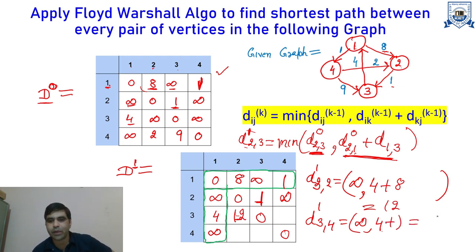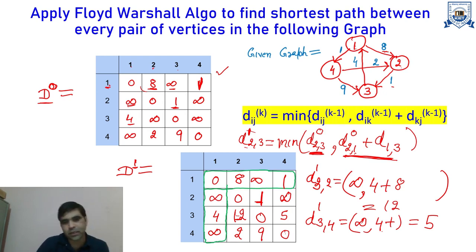So the minimum value is 5. So this must be updated with value 5. Okay, so this is how we'll complete this particular D1 matrix. So these values will come 2 and then 9, and then finally this is already 0, right?